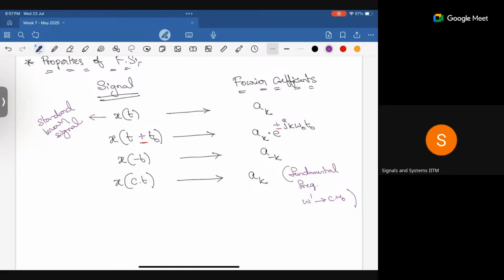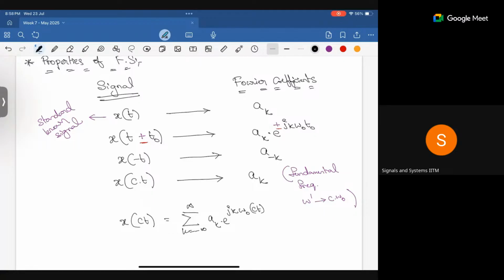Again, this you can prove using the synthesis equation. You just take x of ct in your synthesis equation and club the terms. Maybe this is very easy to show. So x of ct will simply be the summation, k equals minus infinity to plus infinity, of ak into e power j k omega naught ct.